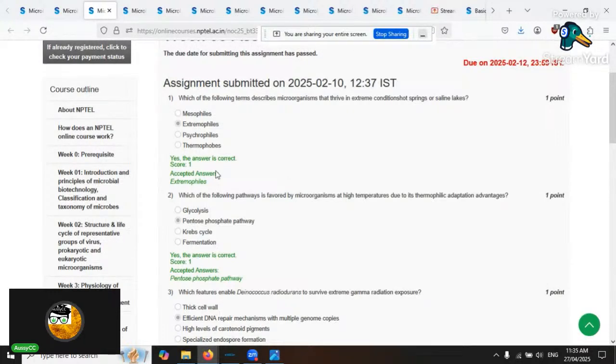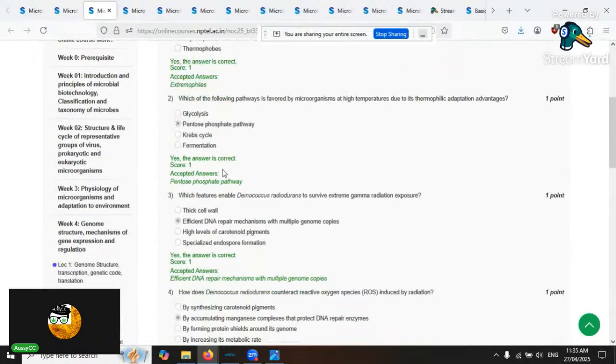Which feature enables Deinococcus to survive extreme gamma radiation? Its efficient DNA repair mechanisms. How does Deinococcus counteract reactive oxygen species induced by radiation? It accumulates manganese complexes that protect DNA repair enzymes.